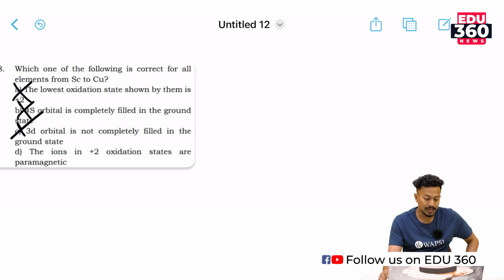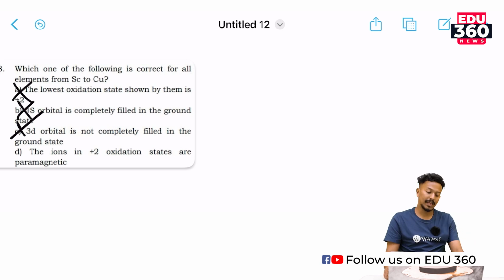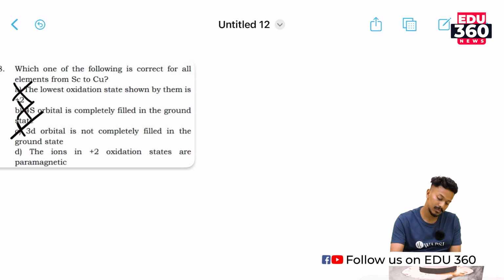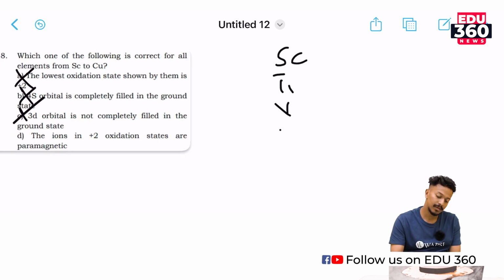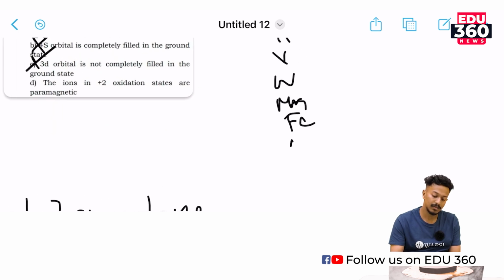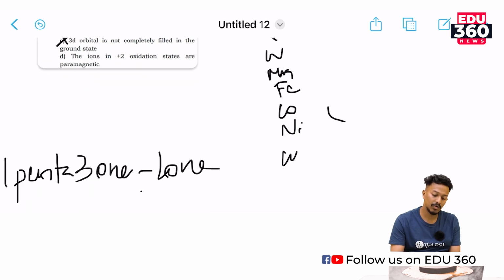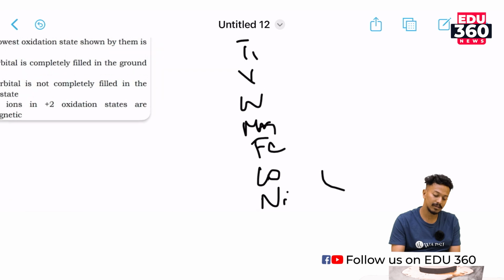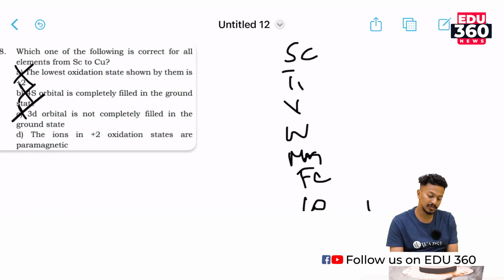The ions in +2 oxidation states are paramagnetic. Well, it might be true actually. Every element from scandium to copper, iron, cobalt, nickel, copper. Okay, we have done this one. Ions in the plus 2 oxidation states.